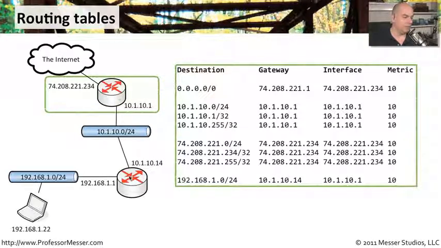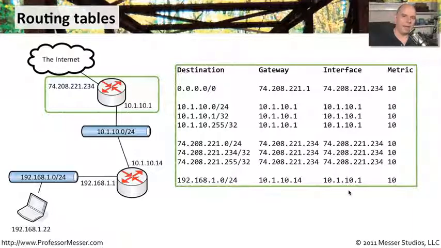This router is simply going to send it down to this next router out of the interface of 10.1.10.1. This is exactly what we need to look at if we're troubleshooting, to know every step along the way, is the router sending the information to the right place? And if we have a problem, then our traffic is not going to go the right direction.